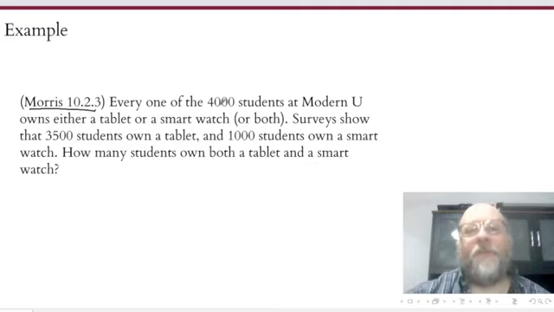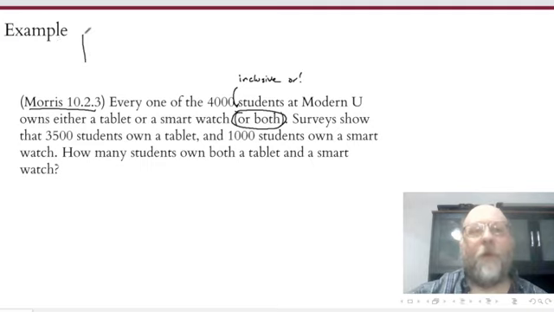There are 4,000 students at Modern University, and they all own either a tablet or a smartwatch or both. So we are dealing with an inclusive or here. Surveys show that 3,500 students own a tablet and 1,000 students own a smartwatch. How many students own both?